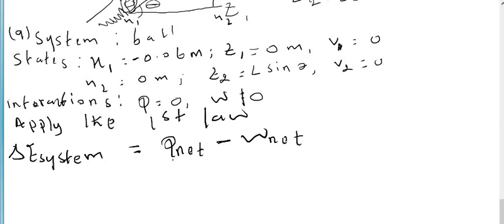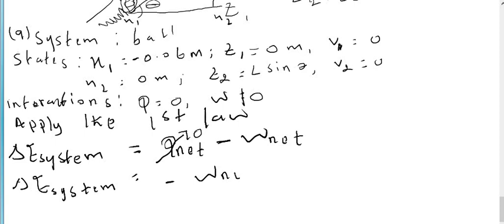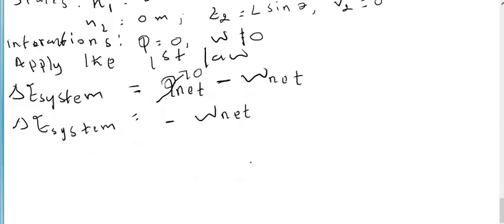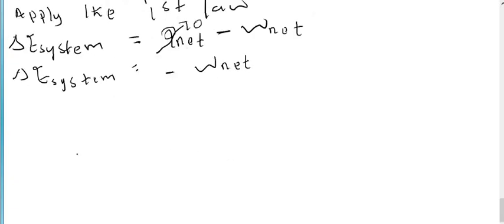From the information above, we know the net heat is 0. So the change in E of the system is equal to minus work net. So we go and determine the work net and substitute.